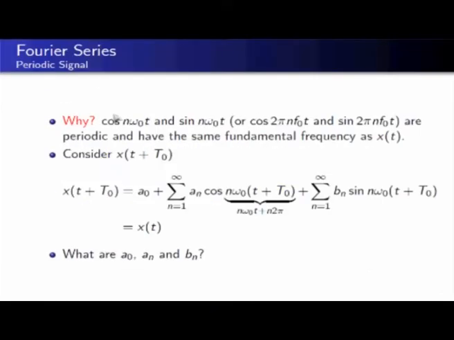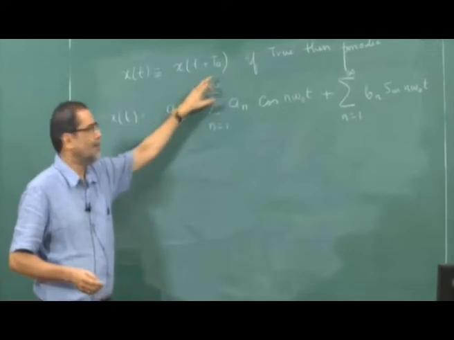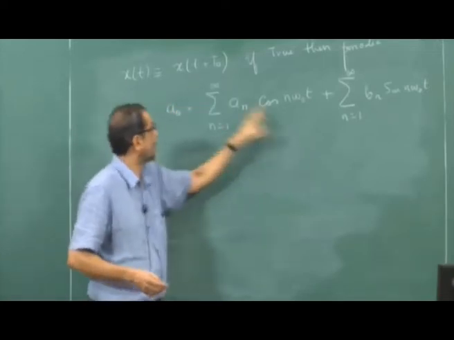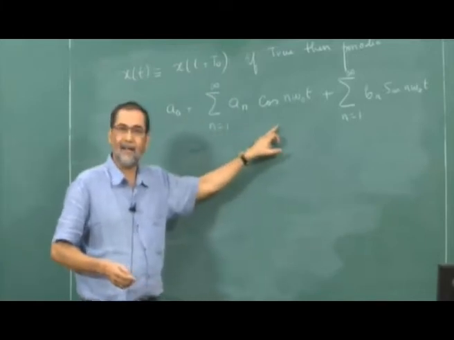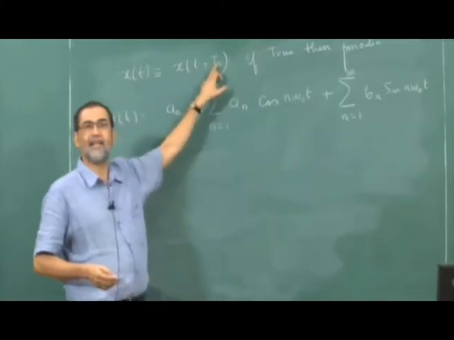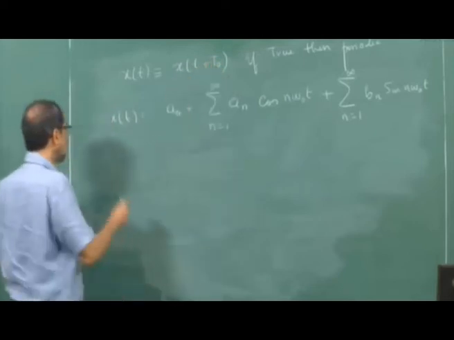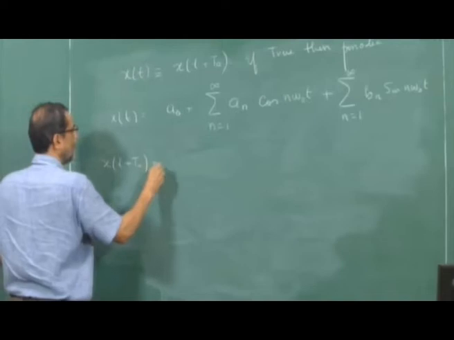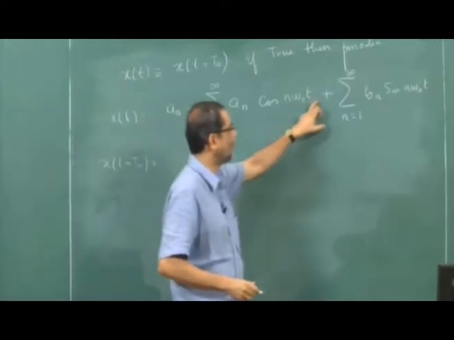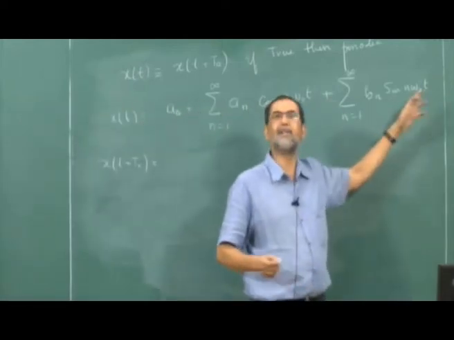But my first question is, assuming T naught is a period, whether the thing on the right hand side represents a periodic signal, does this satisfy the second property? So let me first write this as x of t plus t naught, replace t by t plus t naught, and see what happens.